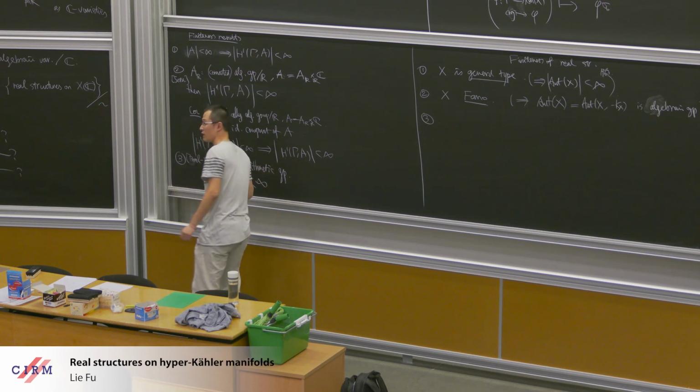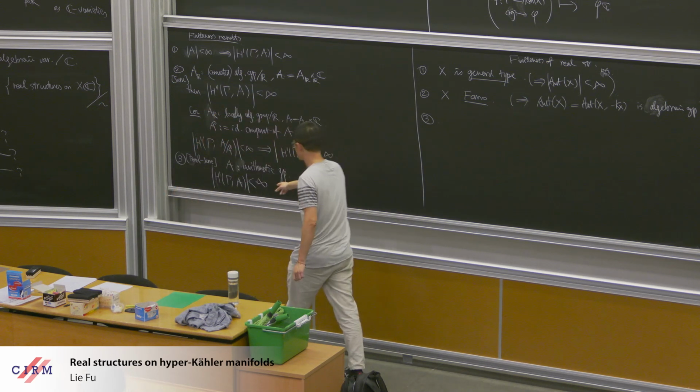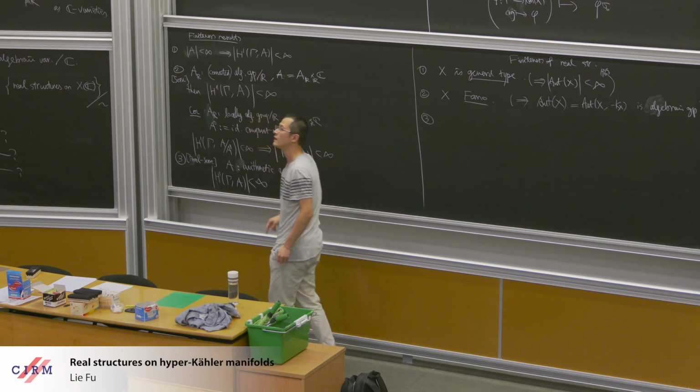If A is an arithmetic group, then the group cohomology is finite. This is Borel-Serre's paper.